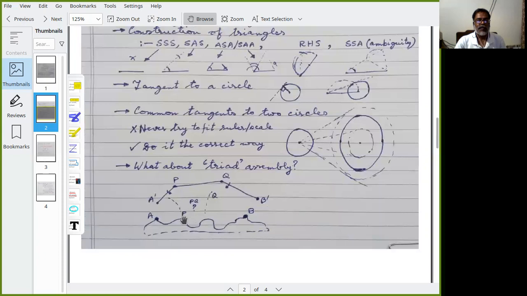I have found some students putting A prime at A, drawing a circular arc with AP radius, then putting B prime at B, drawing another circular arc with BQ radius, and then they know that P will be on this arc, Q will be on this arc. Then they take their scale, and PQ length they know, they try to fit it like this, like this, wherever it fits.